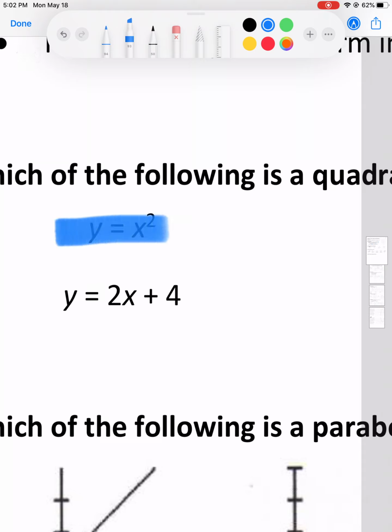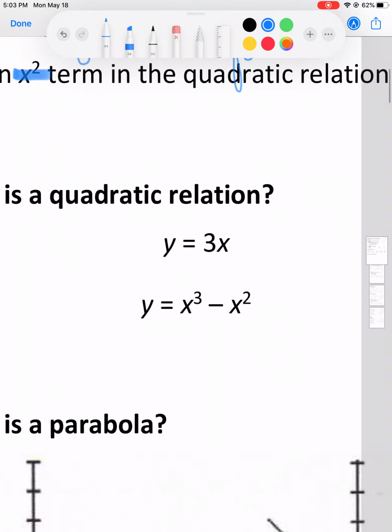Yeah, because it's y is equal to x squared. y is equal to 2x plus 4. Is that one? No, it is not one because there's no squared, right? Could you tell me what type of graph this is? It's linear. Okay, that's just a little fun side thing.